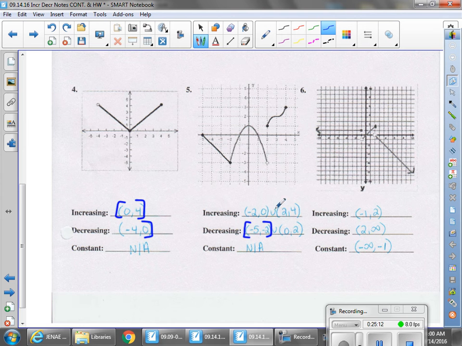So here she's using the U as saying and. Same thing. Union means and. This and this. So if you use the word and, I would take that as well.